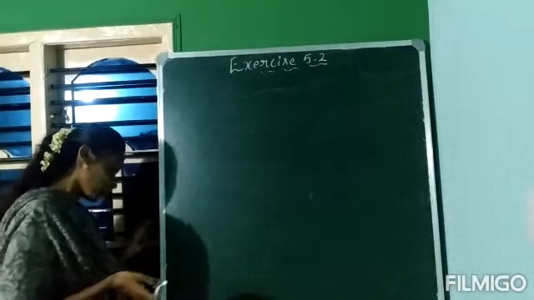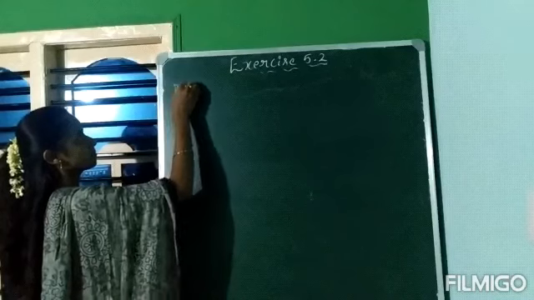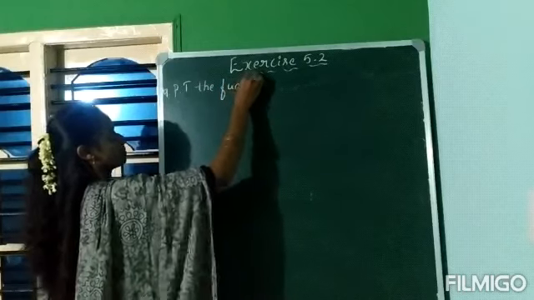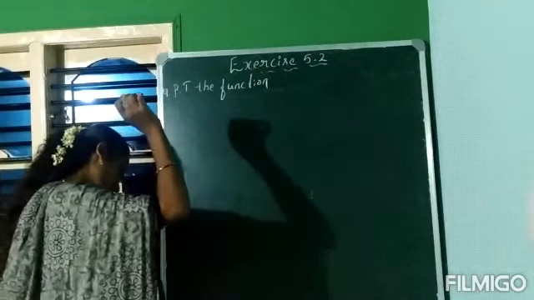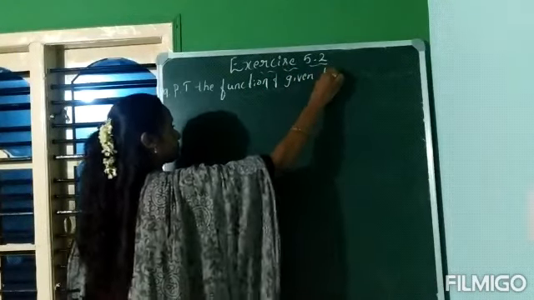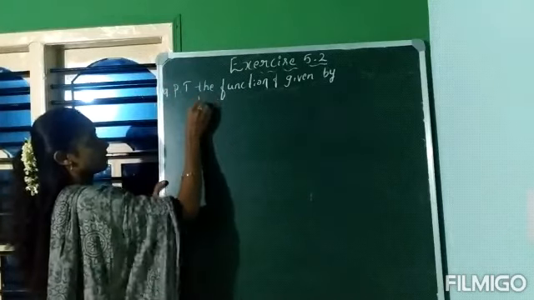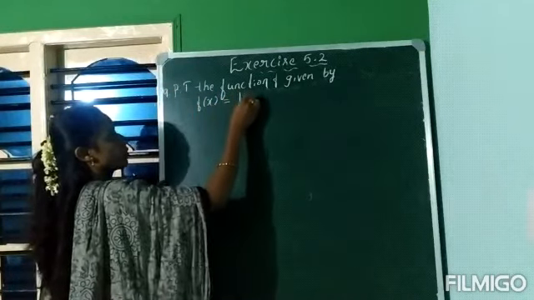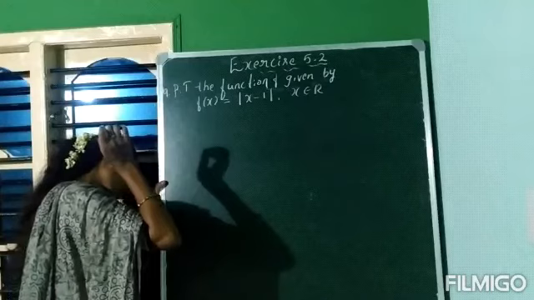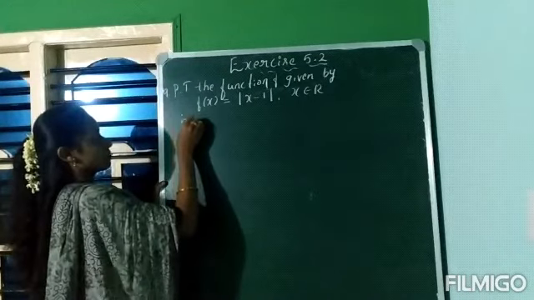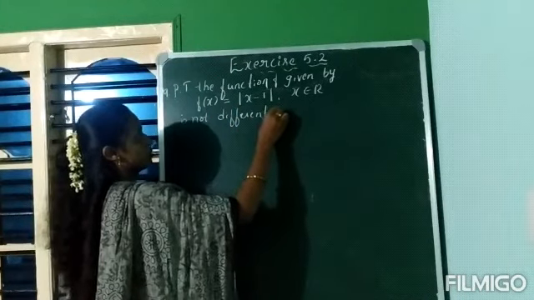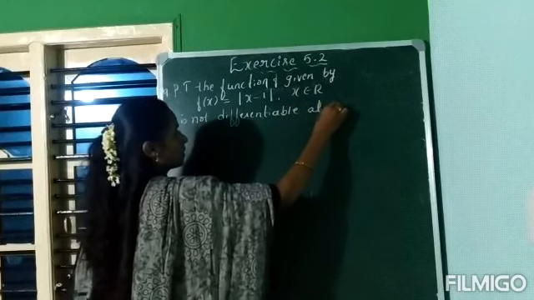The question is, 9th one, prove that the function f given by f of x equals mod of x minus 1, where x is a real number, is not differentiable at x equal to 1.